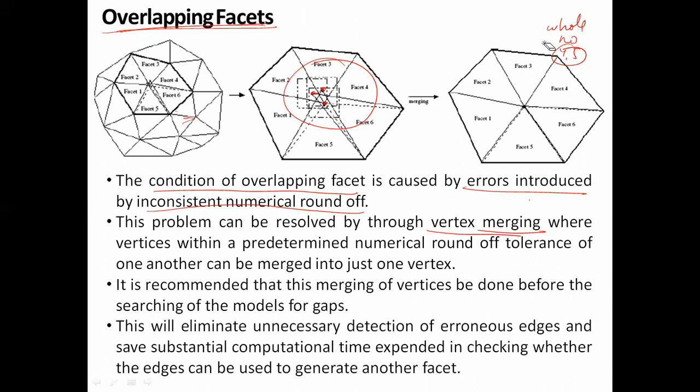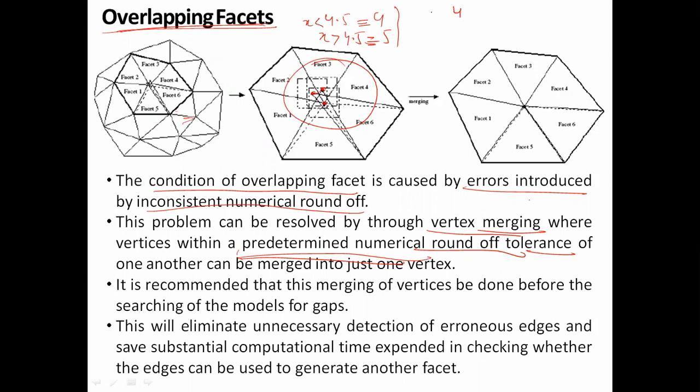So how do we convert this? First of all, we start with a predefined numerical round-off tolerance. Mathematics tells us that if x is less than 4.5 then it is 4, and if x is greater than 4.5 then it is 5. But what people generally do in this algorithm is define four different stages.